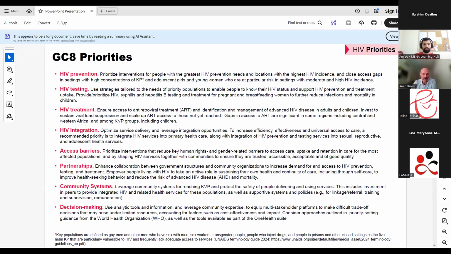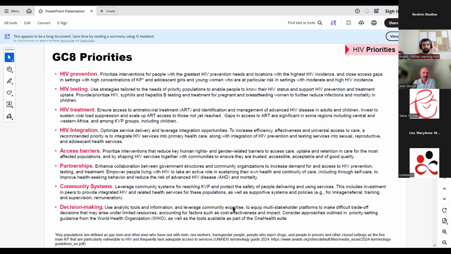I think for treatment, one thing that's really clear is the global community has not yet succeeded in reaching high treatment coverage in all countries, and indeed among all populations within countries.